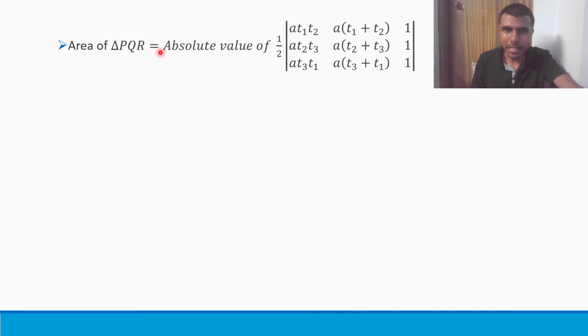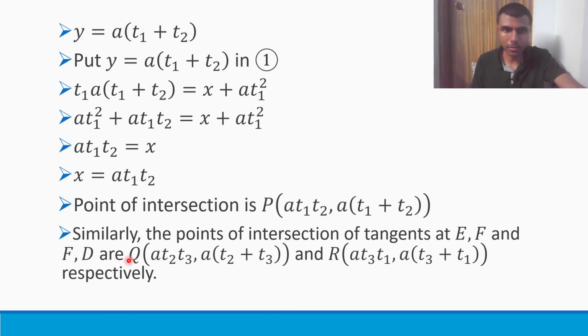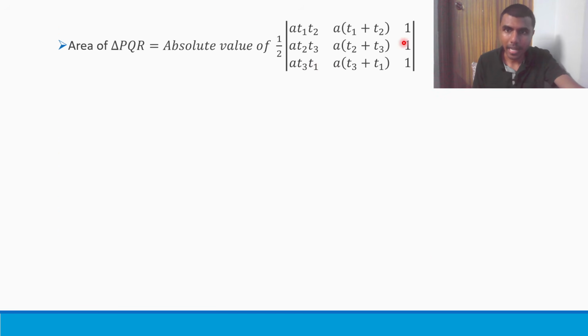So area of triangle PQR is nothing but absolute value of half into det of a t1 t2, a into t1 plus t2, this point, and next second point, next third point coordinates, and then 1 1 1 is there in the third column. Fine, this is a formula which I expect you to remember.